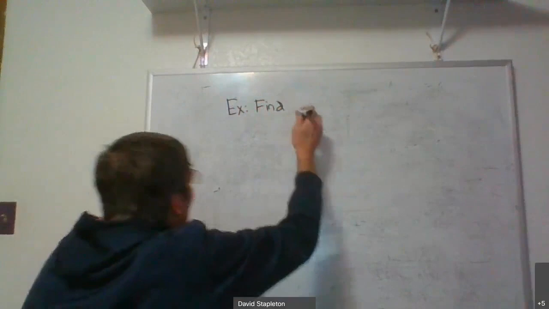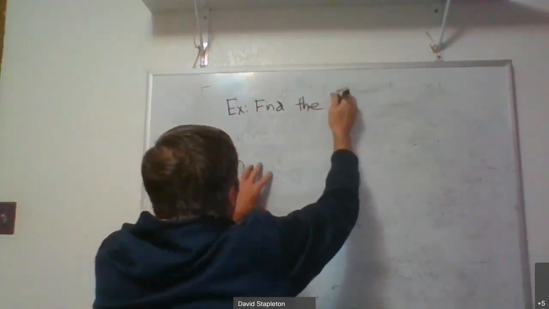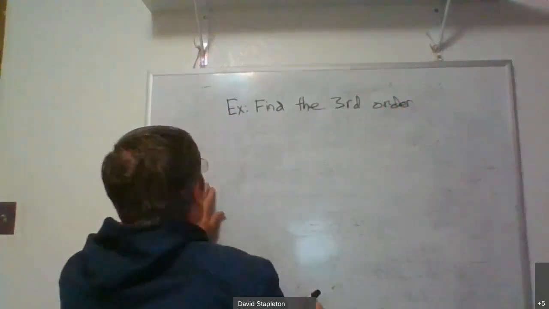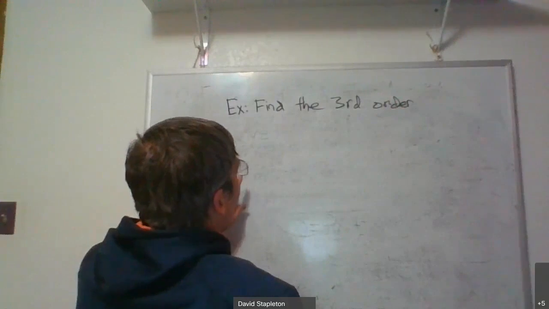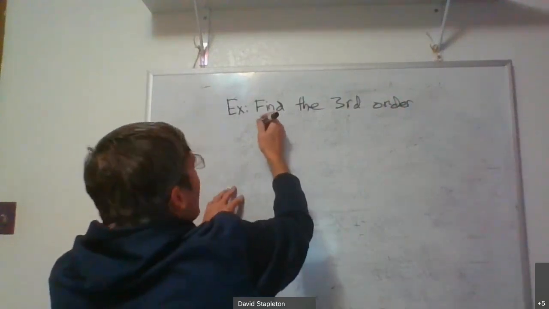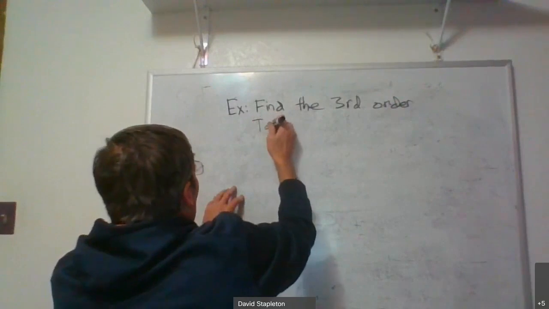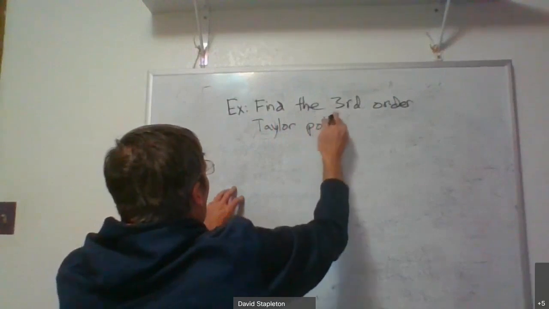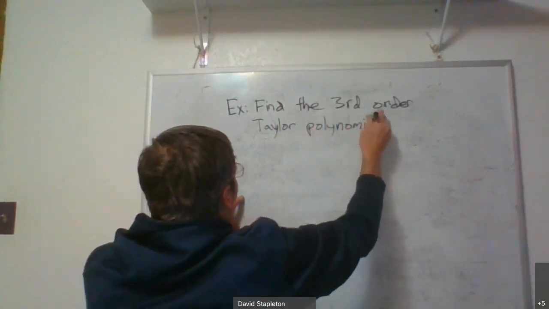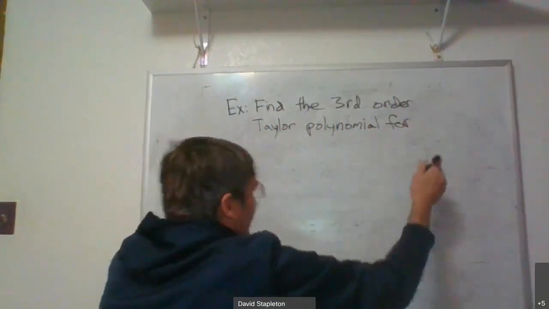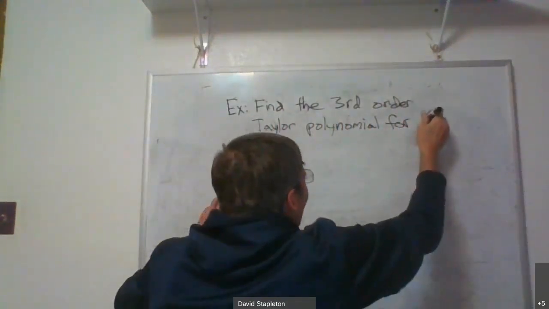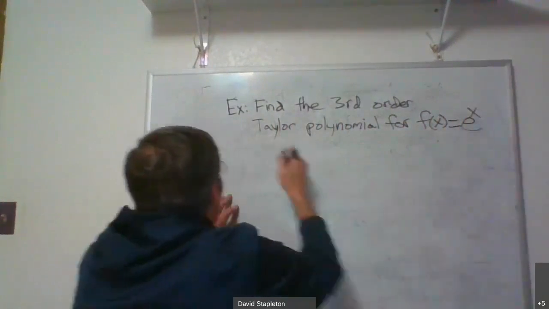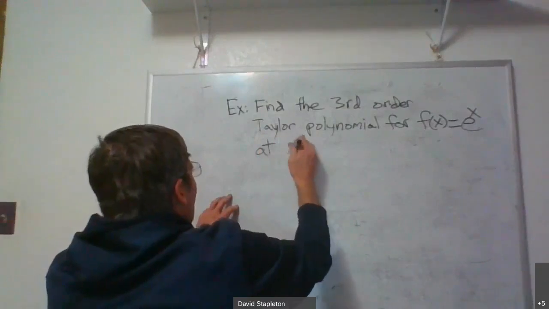Find the third order Taylor polynomial for this easy function, about the easiest one we can do. f of x equals e to the x at x equals 1.